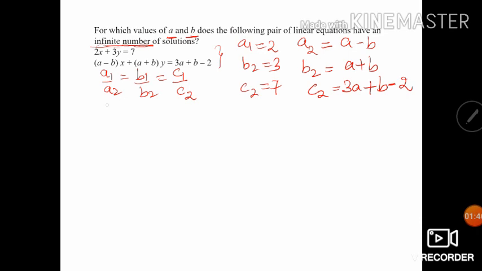Now substitute these values in this condition. 2 on a minus b is equal to 3 on a plus b is equal to 7 on 3a plus b minus 2.